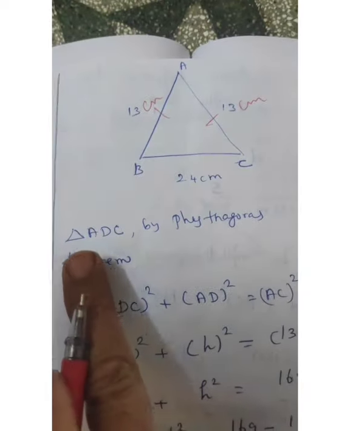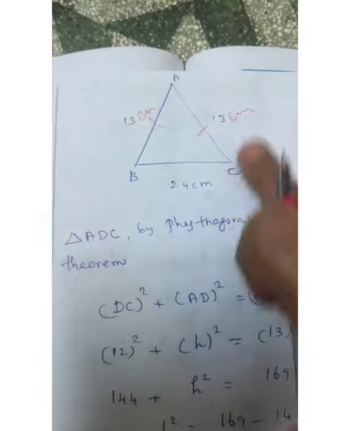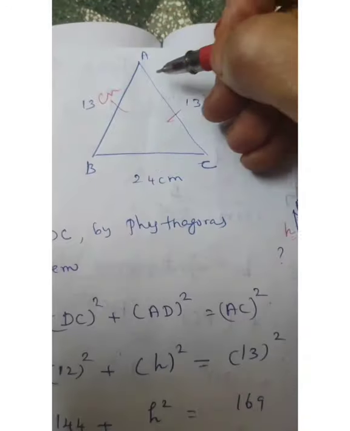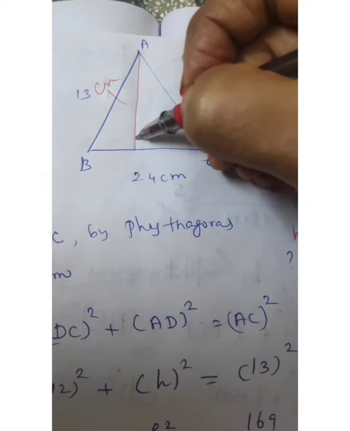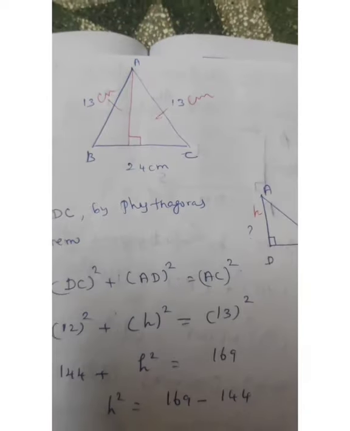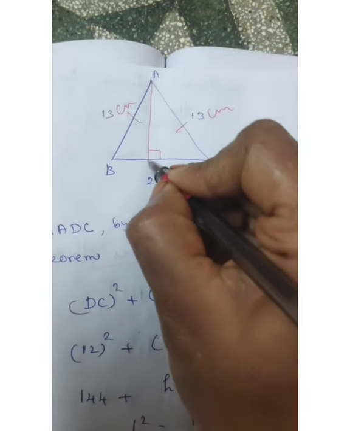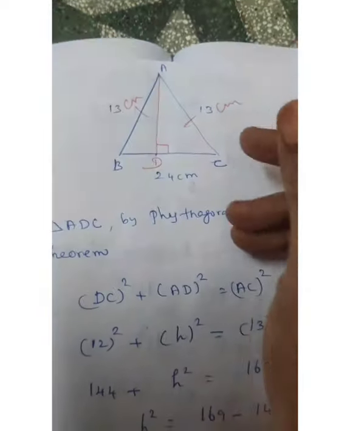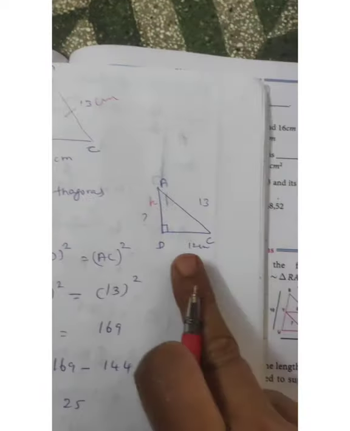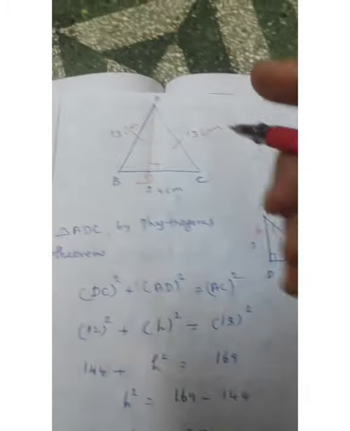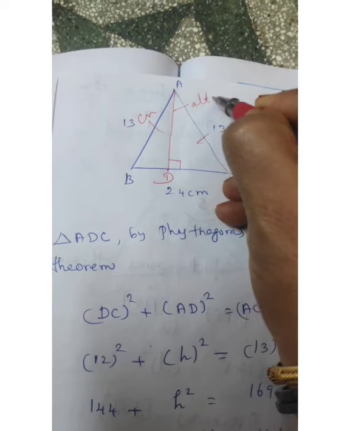Now in triangle ABC, I draw one altitude, height, median. This makes a right angle triangle. Taking the median point as D, in triangle ADC, this line is called the altitude or height.